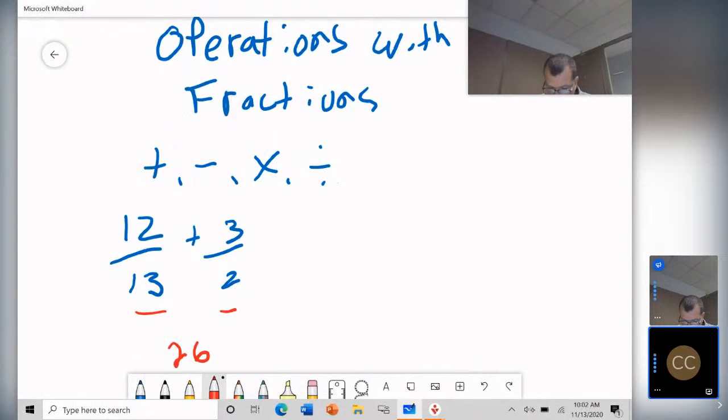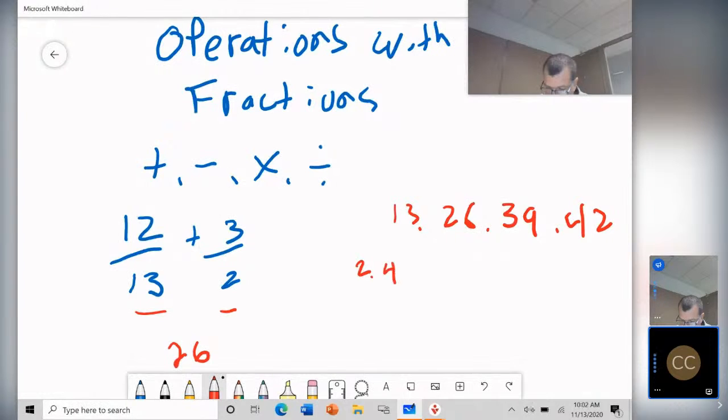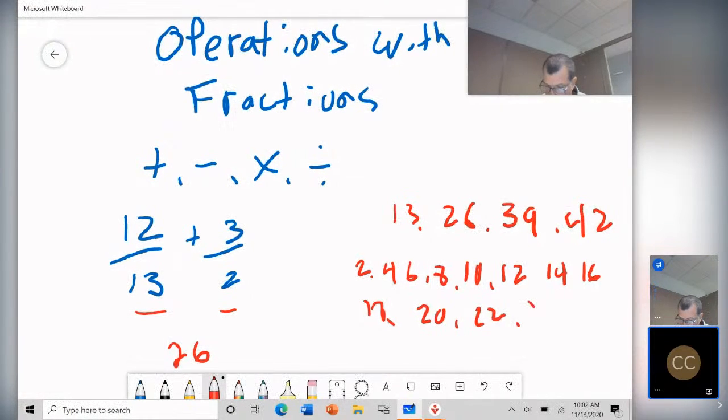So if you did this out, we did 13, 26, 39, 42. And then if you did 2, 4, 6, 8, 10, 12, 14, 16, 18, 20, 22, 24, 26. We're finally going to get 26. You get it there, and you get it there.